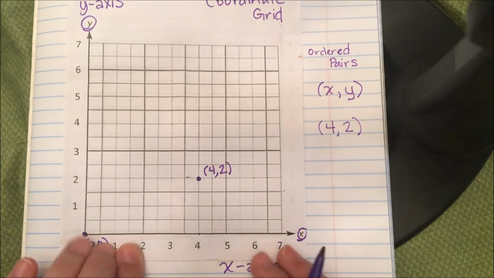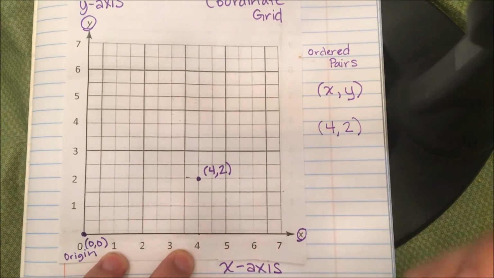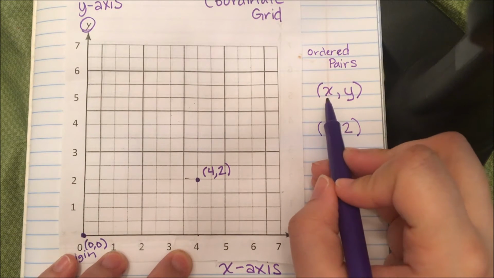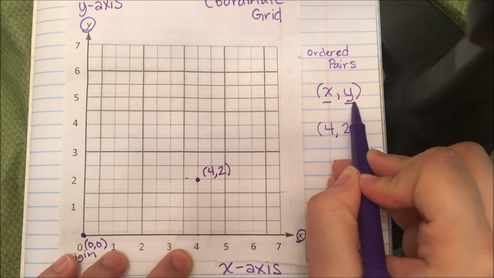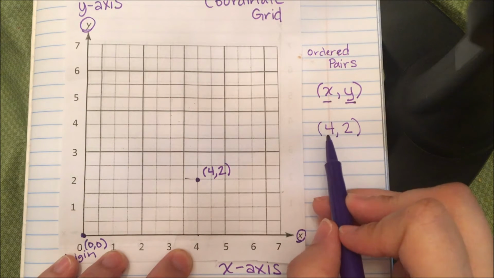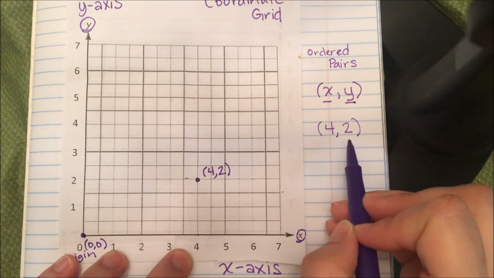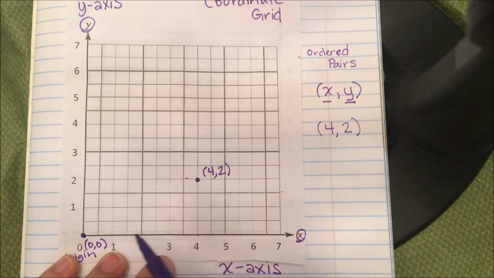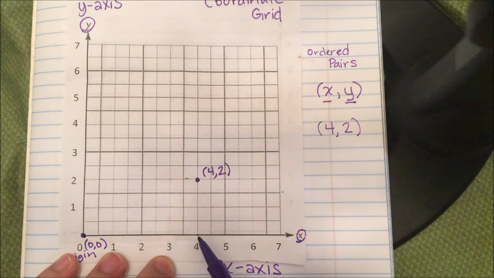Okay, so to identify points on the coordinate grid, you have ordered pairs. Ordered pairs are made up of the x-coordinate and the y-coordinate. So for example, if you have the ordered pair 4, 2, 4 is the x-coordinate, and it tells you where to go on the x-axis. X always comes first, just like in the alphabet. So you travel horizontally along the x-axis to 4, and then you travel vertically to 2 on the y-axis.